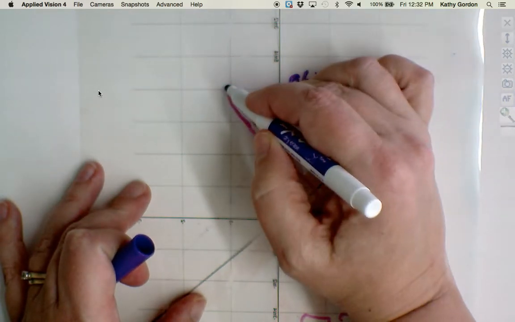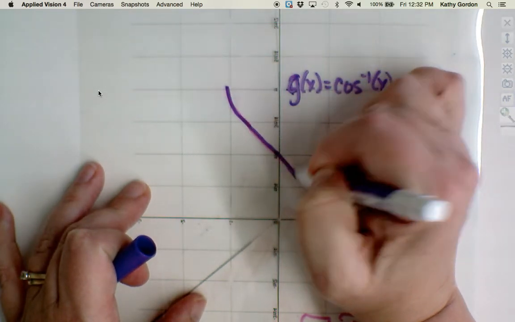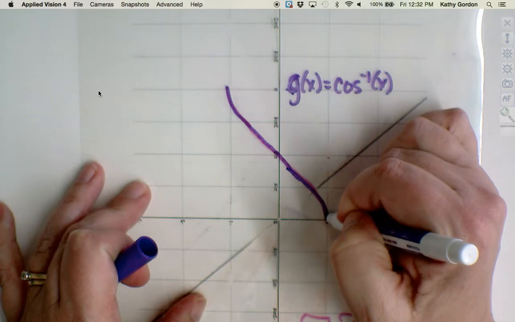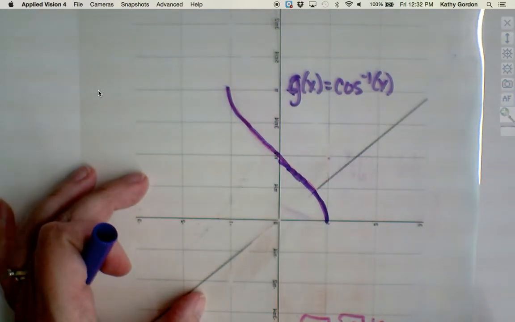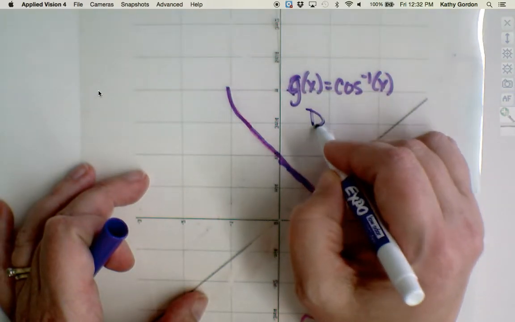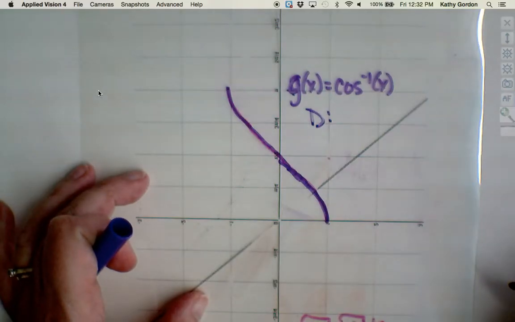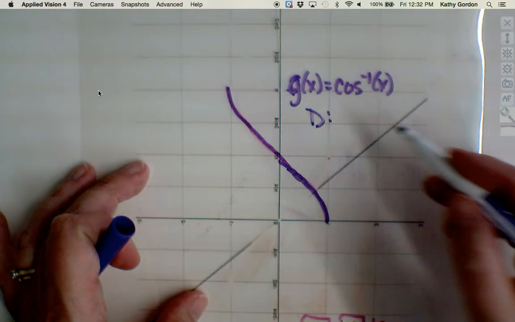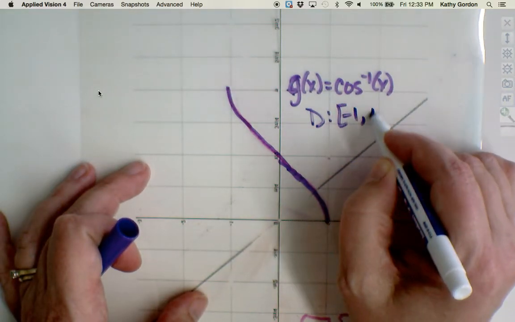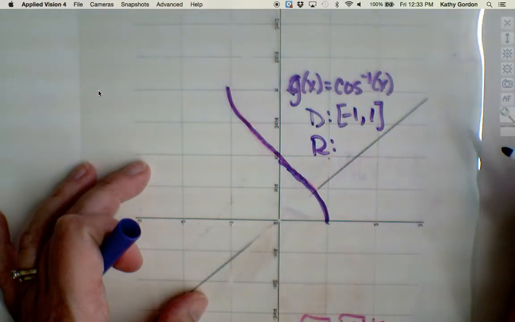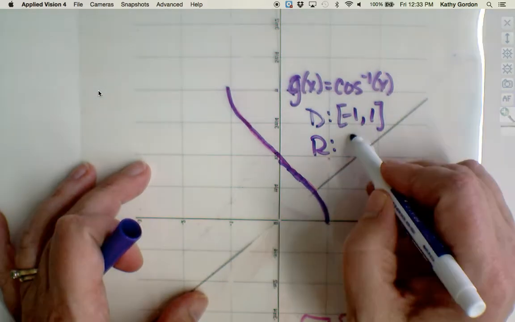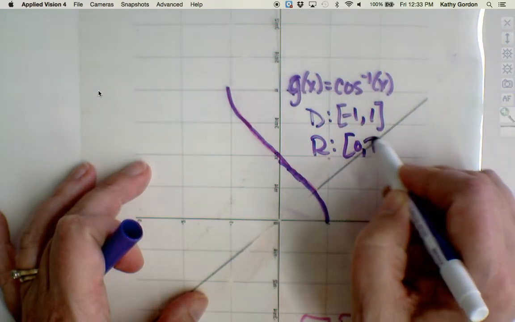And it's this piece right here. So what is the domain of inverse cosine? Negative 1 to 1. What's the range going to be? 0 to pi.